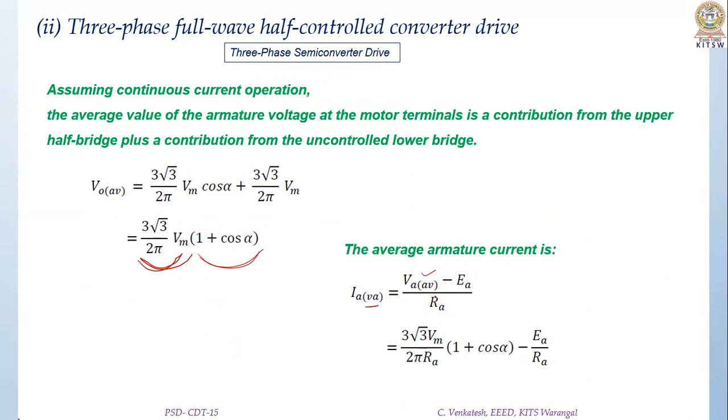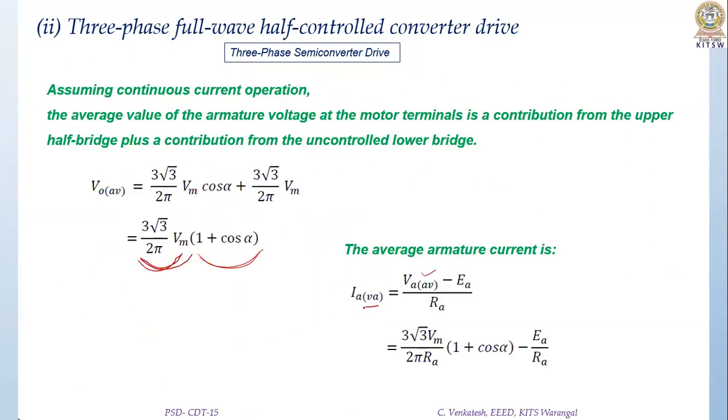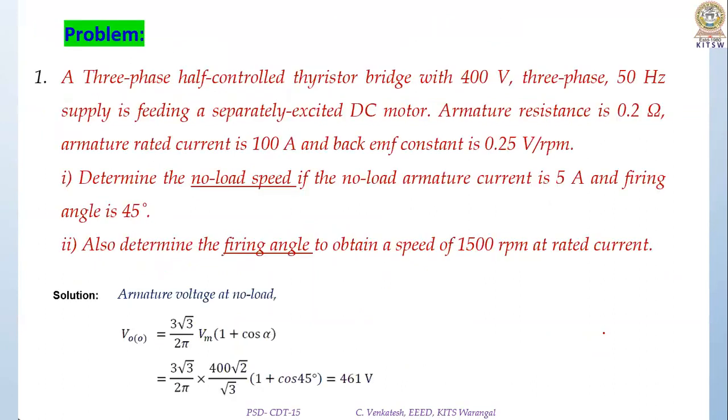From the circuit you can write IA average is equal to VA average minus EA divided by RA, and that is equal to 3 root 3 Vm by 2 pi RA into 1 plus cos alpha minus EA by RA. We'll solve the numerical problems in the next class.